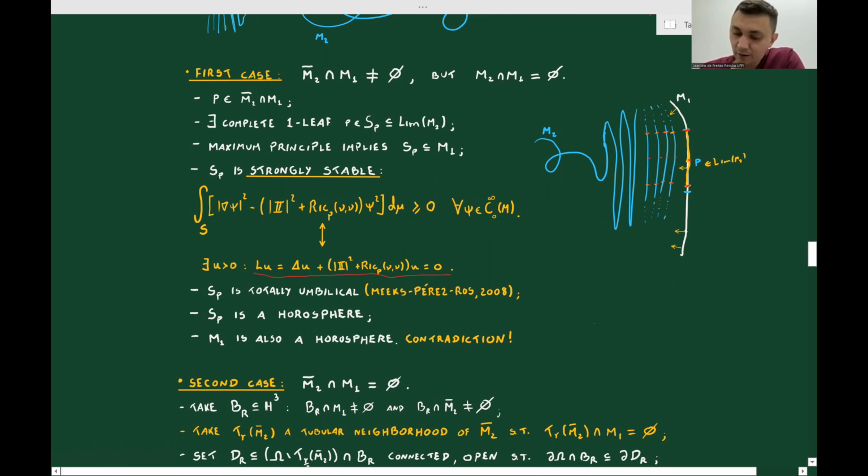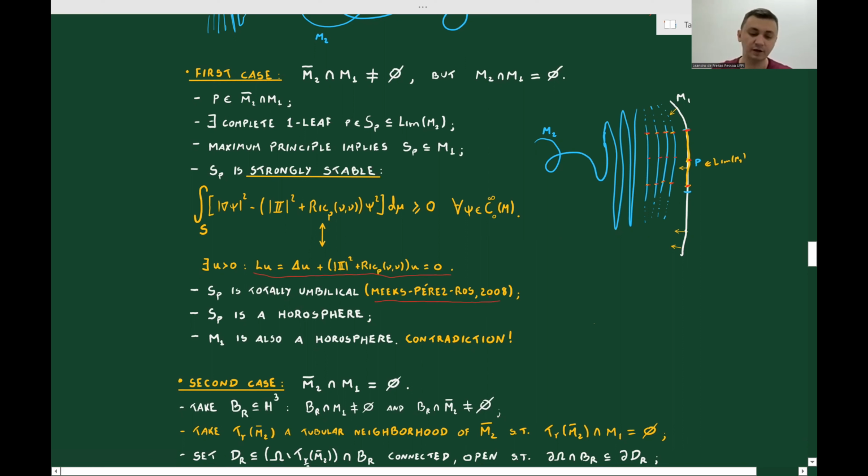But now, we build this one leaf, which is a complete surface, strongly stable. So we can say that S is also totally umbilical by a very beautiful result due to Mira and Ros.